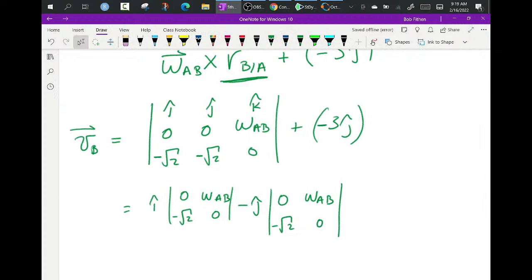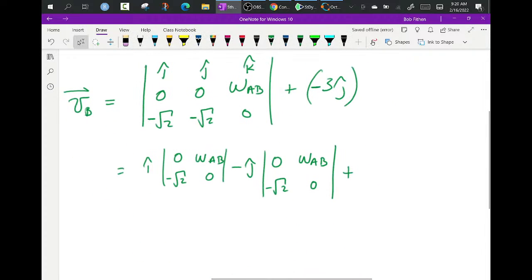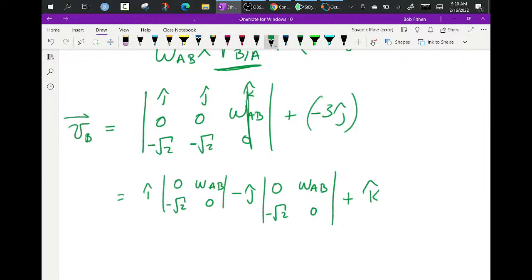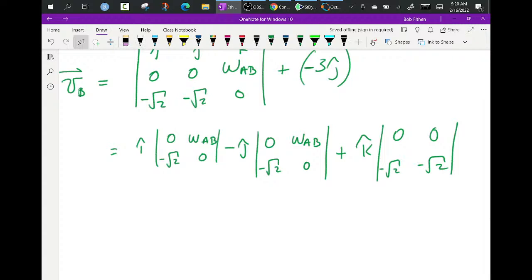And if you're taking the k, there's something on the screen here. You eliminate this, this, and here's your cofactor expansion. So this term gives you 0.